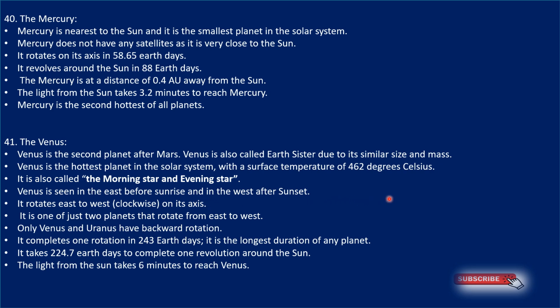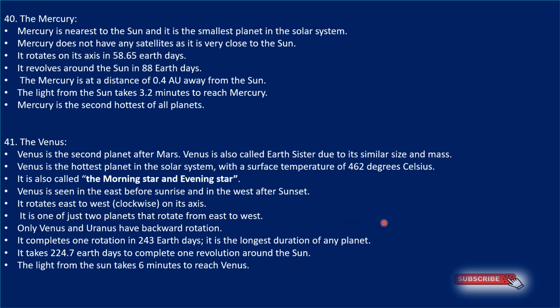It rotates east to west, that is clockwise, on its axis. It is one of just two planets that rotate from east to west. Only Venus and Uranus have backward rotation. It completes one rotation in 243 Earth days, the longest duration of any planet. It takes 224.7 Earth days to complete one revolution around the Sun.